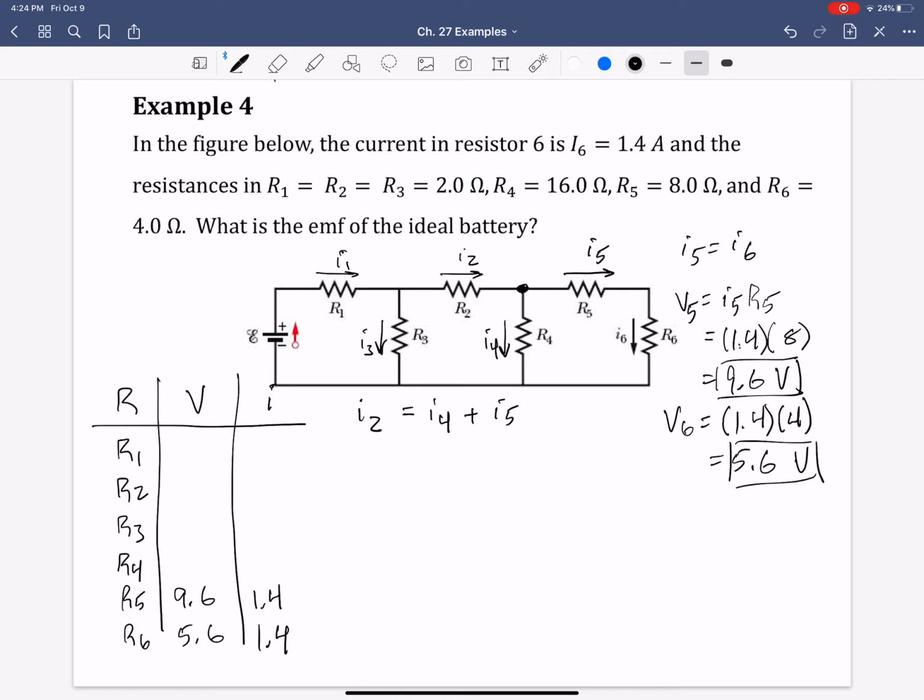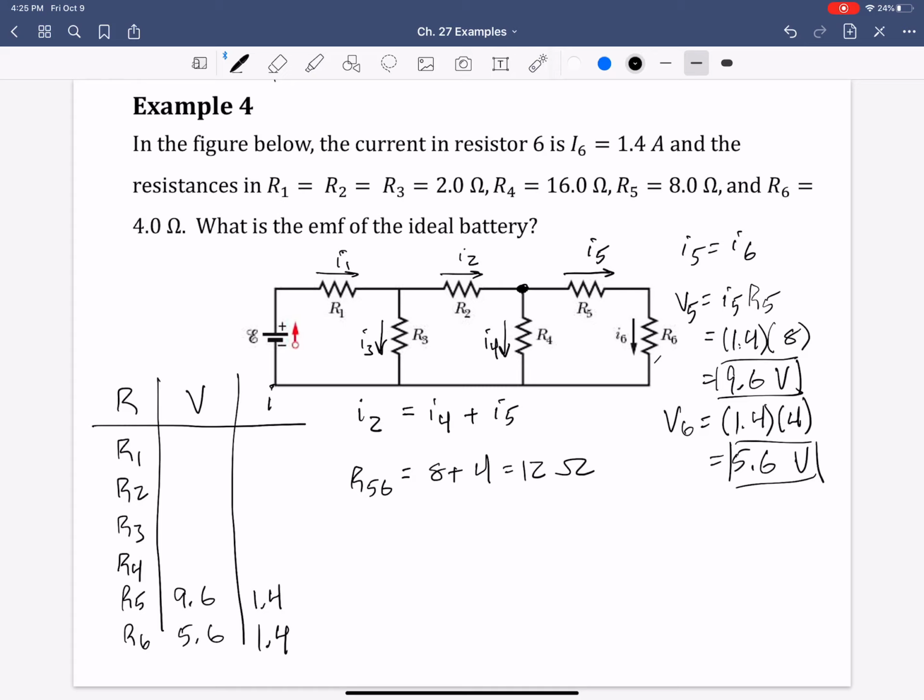So we need to find the voltage on that outer circuit path through resistors 5 and 6. The best way to do that is to find the equivalent resistance. So R56 is simply the resistances added up, which is 8 plus 4, which is 12 ohms. Now the current is still 1.4 amps.